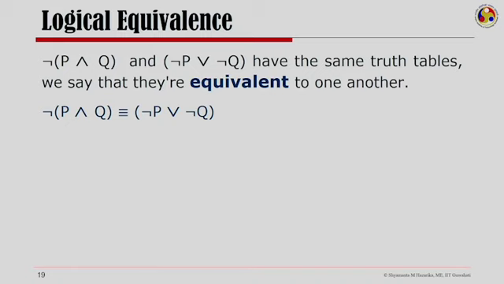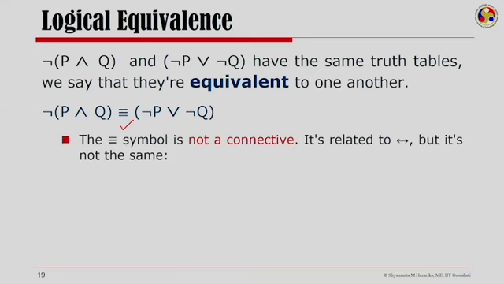We say that they are equivalent to one another. Let us now focus a little on what we mean by the equivalence relation. The symbol of equivalence that I have used here is not a connective. It is related to the biconditional, but one needs to be clear that it is not the same.